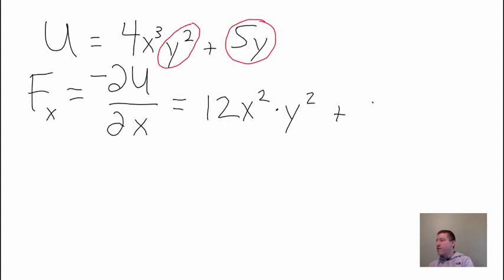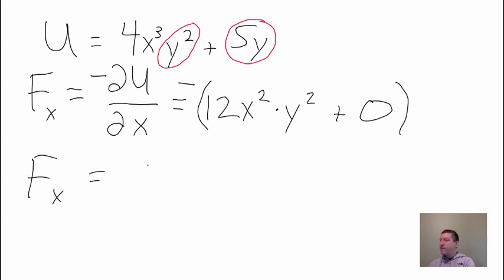So the derivative of this is 0. So in other words, and can't forget the negative, common mistake, we need the negative of that derivative. So our force in the x direction we have found as negative 12x squared times y squared. That's the negative partial derivative with respect to x.